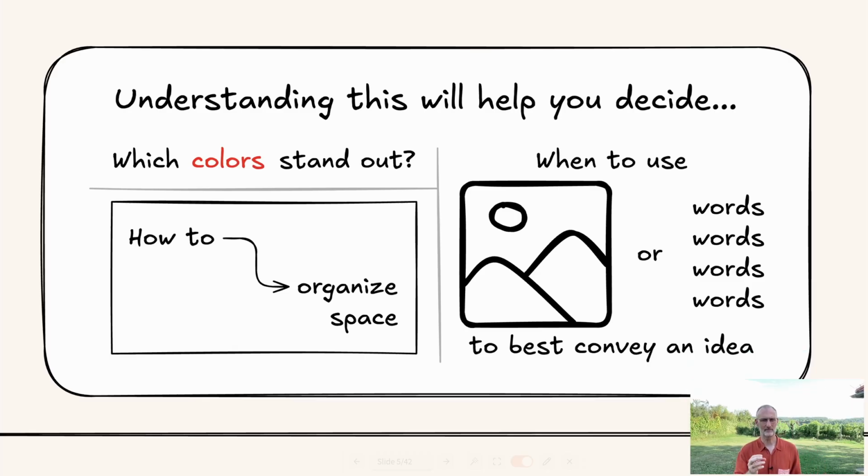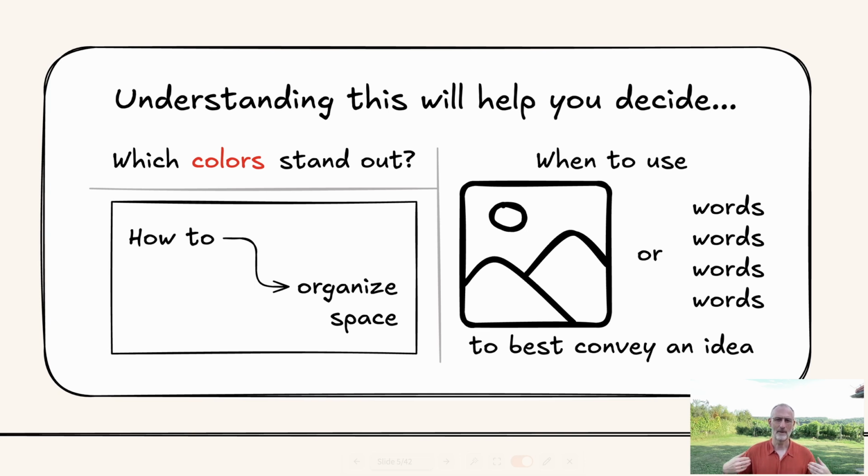The promise Colin makes is that by understanding this, it will help you decide which colors to use, how to organize space, when to use images or words. And this is going to make your diagrams, your slides, your whatever visual delivery you do better.